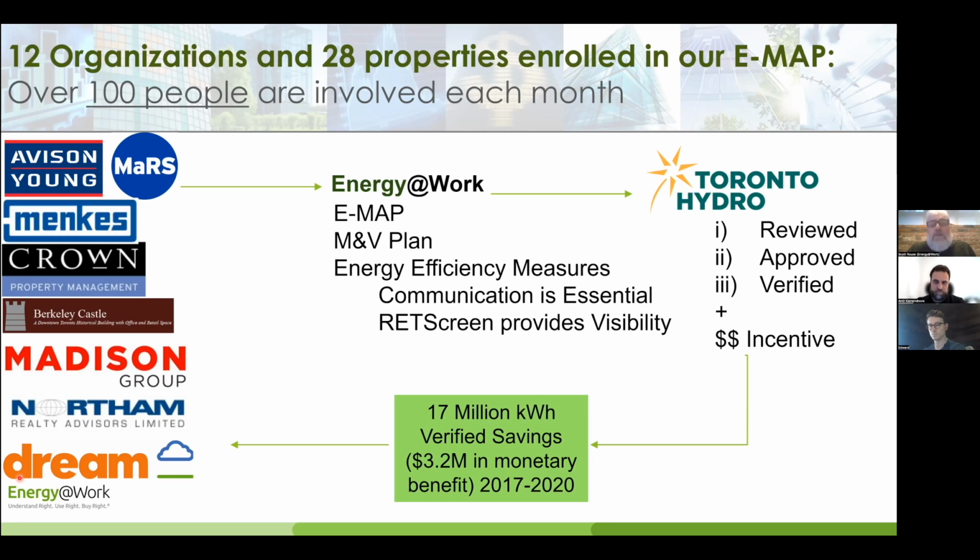And those measures received a financial incentive based on the kWh that was saved. In our case, it was over 17 million kilowatt hours, and these savings were verified by Toronto Hydro. The monetary value is about 3.2 million, and this occurred between 2017 to 2020.